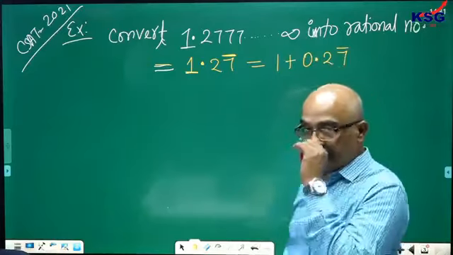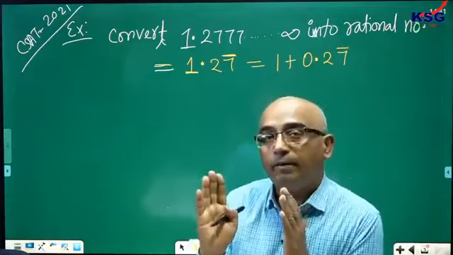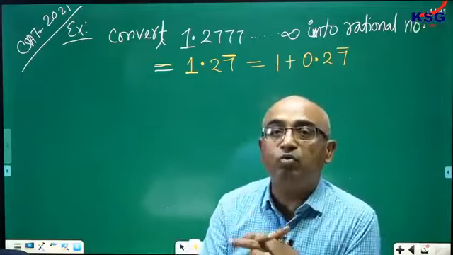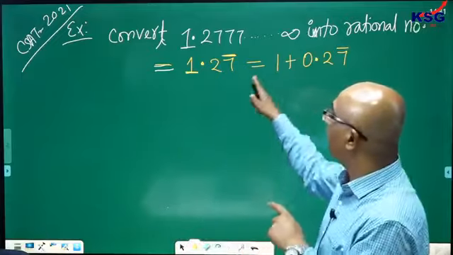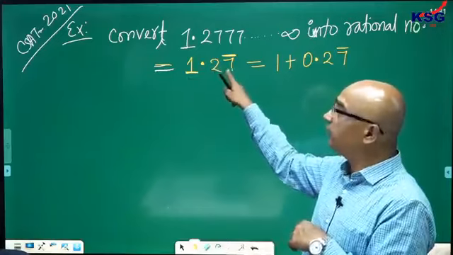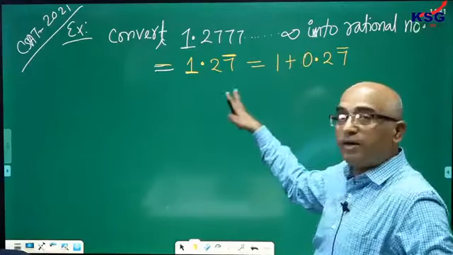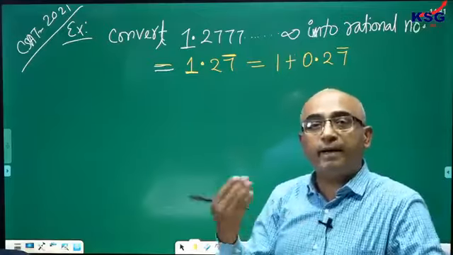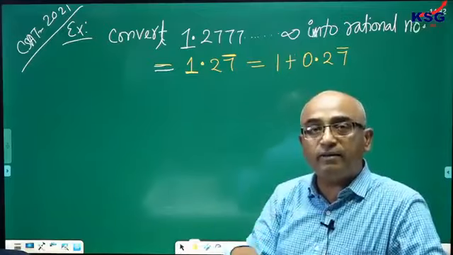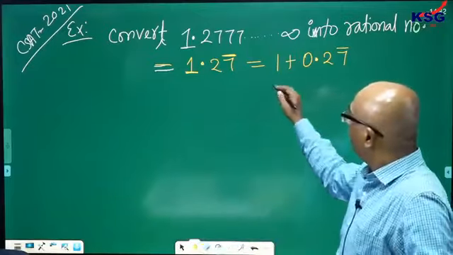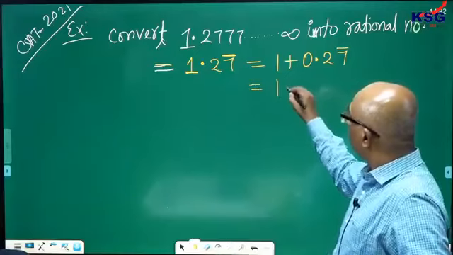See here, the digit before the decimal is known as the integral part. So here the integral part is 1 and the decimal part is 0.27 bar. So I can break 1.27 bar into two parts, integer plus decimal part. Now go for simplification.